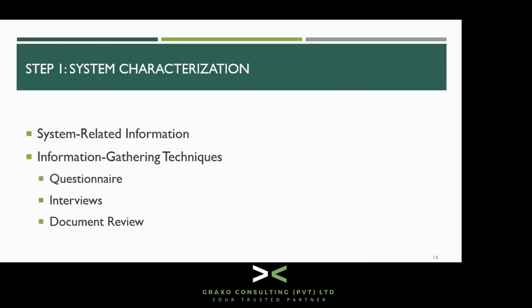In document review, we look at the policy documents. We could also look at system documentation that is defined by the company. Let's say they have defined a user guide, some manuals, or some sort of security related documentation, such as audit reports, risk assessment reports, and security policies.